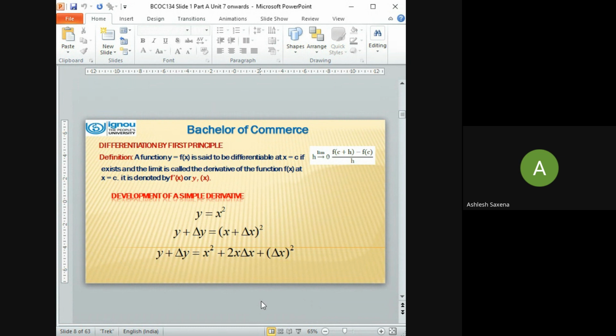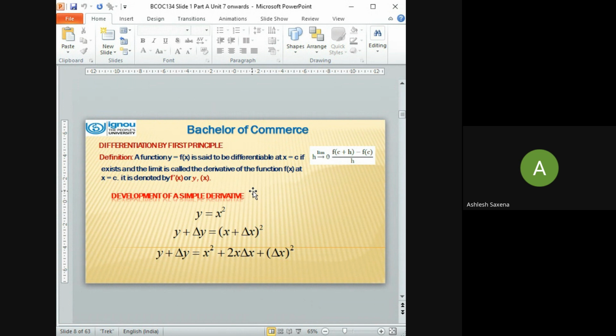The function y is equal to f(x) is said to be differentiable at x is equal to c if the limit h tends to 0 of f(c plus h) minus f(c) upon h exists, and the limit is called the derivative of the function f(x) at x is equal to c, and it is denoted by f dash x or y dash or dy by dx.